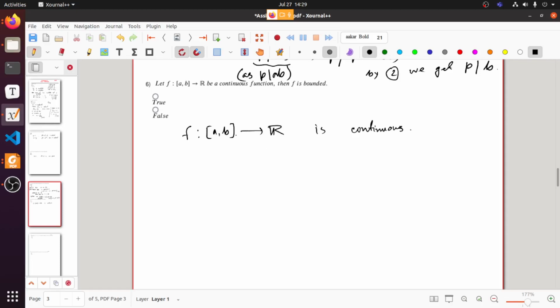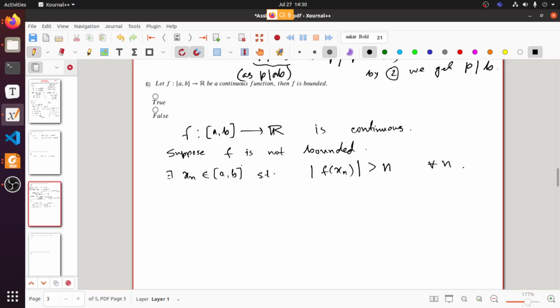Suppose f is not bounded. Then there exists a sequence xn in [a, b] such that mod of f of xn is greater than n for all n. And xn is a sequence which lies in the closed interval [a, b], so it is a bounded sequence.